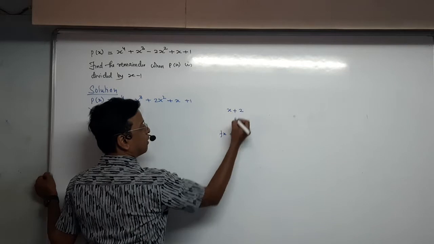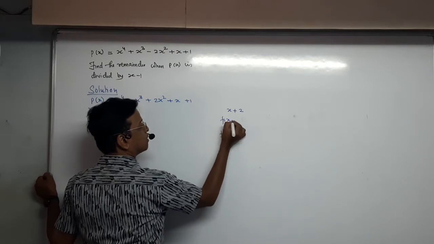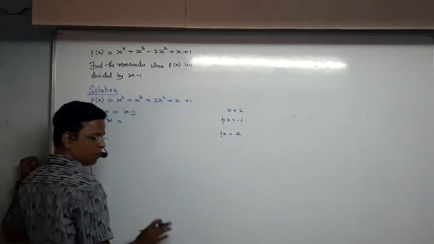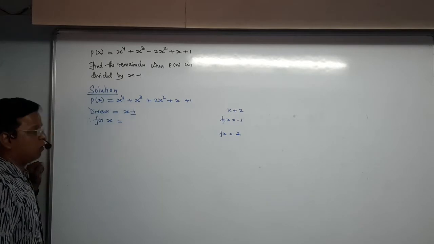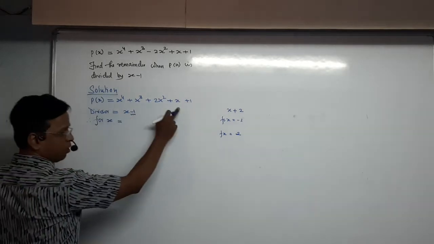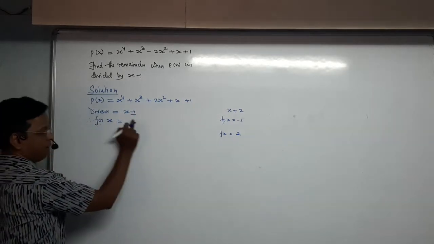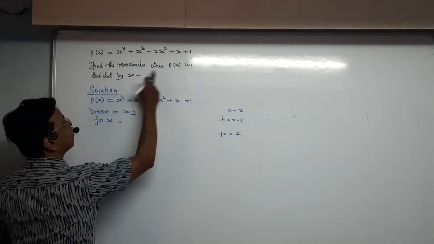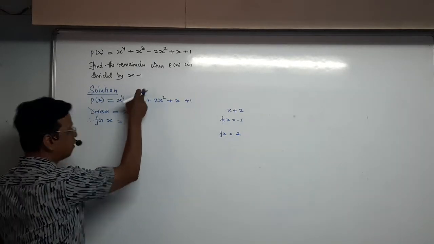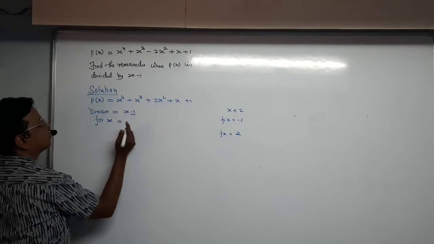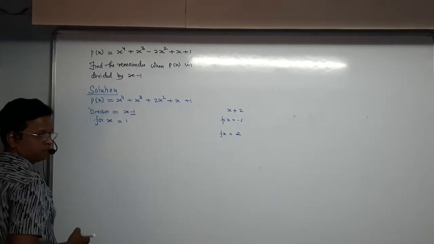If it is x plus 2, then for x is equal to minus 2. Are you getting? This we have to do. So first you will write the P of x, whatever it is. Then you will write the divisor, what is given, because they asked you to divide by x minus 1. For x is equal to, in place of minus 1, you will write 1.